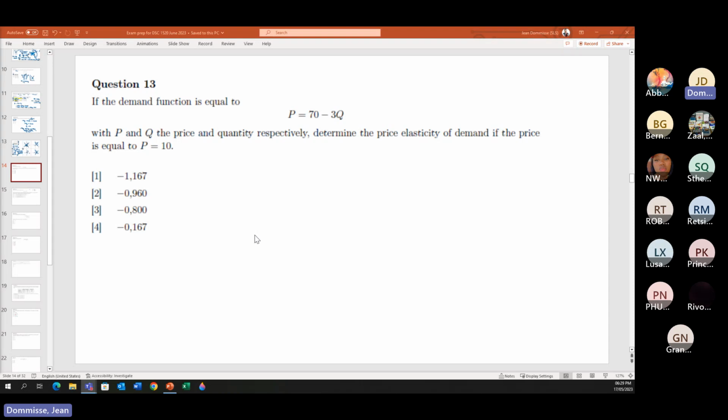Okay, question 13. So if a demand function is equal to this, where P is equal to, okay, so please send some of those mock exam questions.